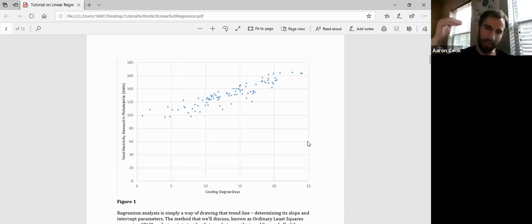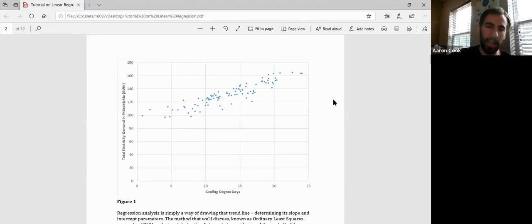As the temperature increases, as it becomes hotter in the summertime, the demand for electricity is going to go up as people turn on their air conditioners and use those more heavily. And so you can use information about cooling degree days to predict what electricity demand is going to be based on historical information about that relationship.